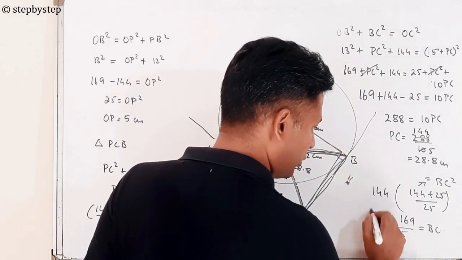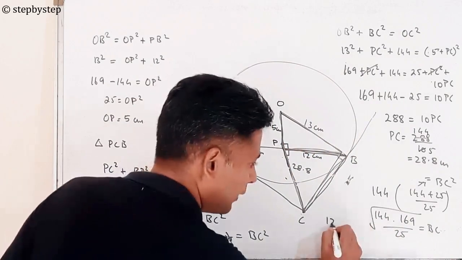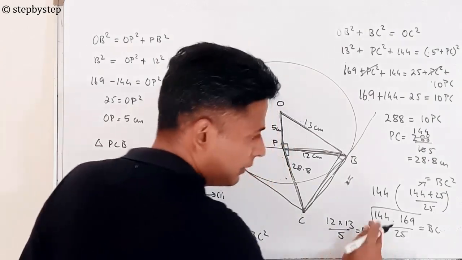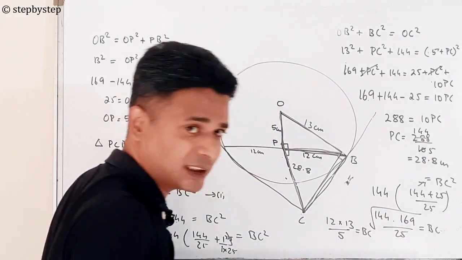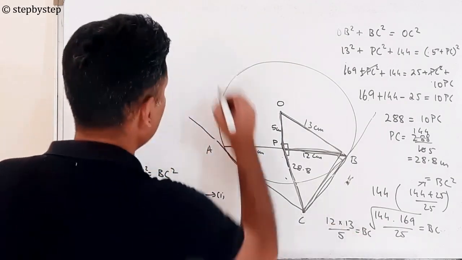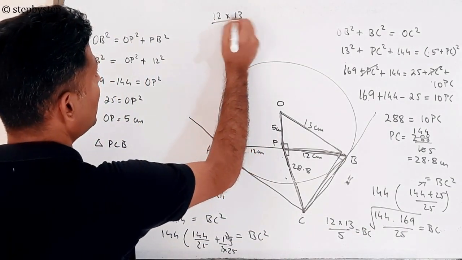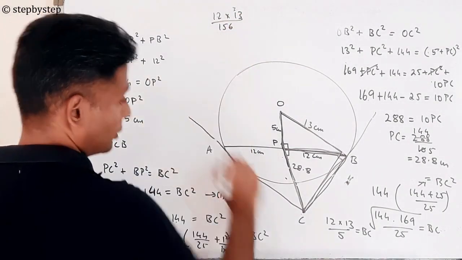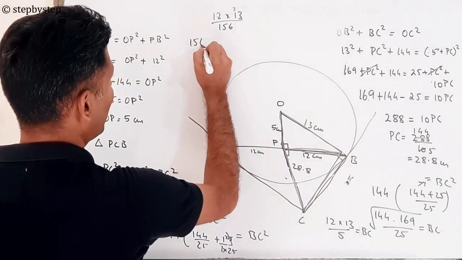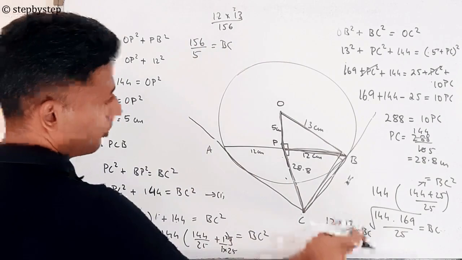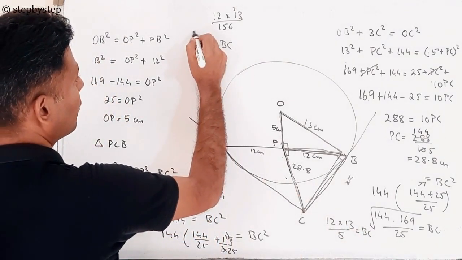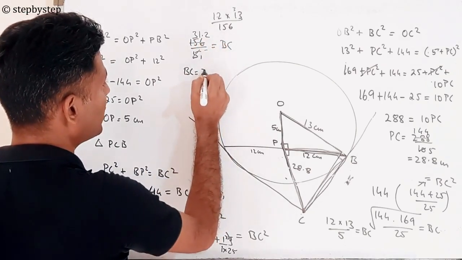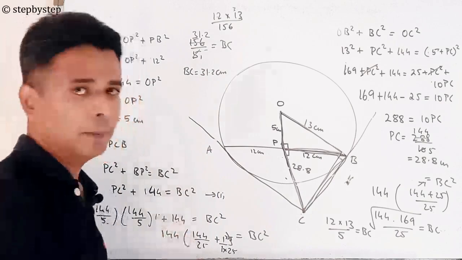So BC is equal to the square root of this. So square root of 144 is 12, into square root of 169 is 13, by 5 equals BC. We can split the square root because everywhere it is multiplication and division. So 12 into 13: 12 threes are 36, 12 ones are 12, giving 156. So we get 156 by 5 equals BC. So I get BC equal to 31.2 centimeters.